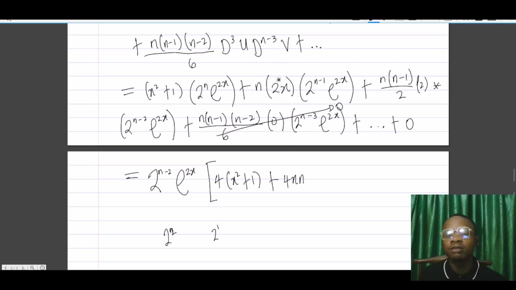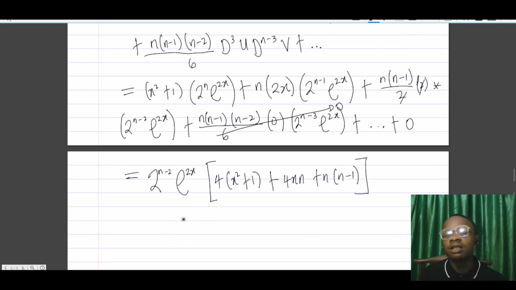So that's what we have left from this. And then we go to the next term. We have 2 to the power of n minus 2 already moved outside. So everything here remains as it is. So this will be cancelling this. And then we have plus n into n minus 1. And then we close the bracket. So basically that is all that we have left.